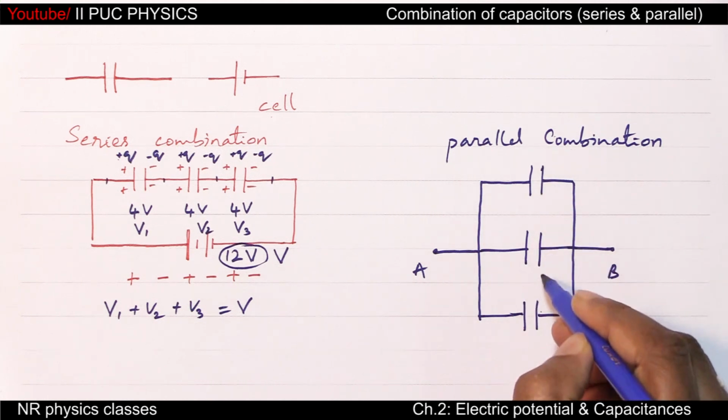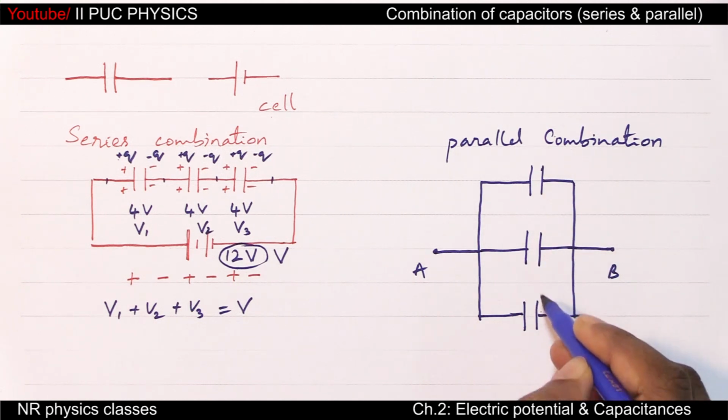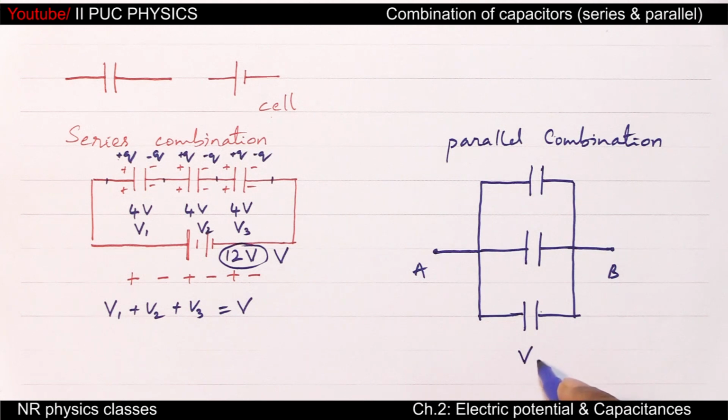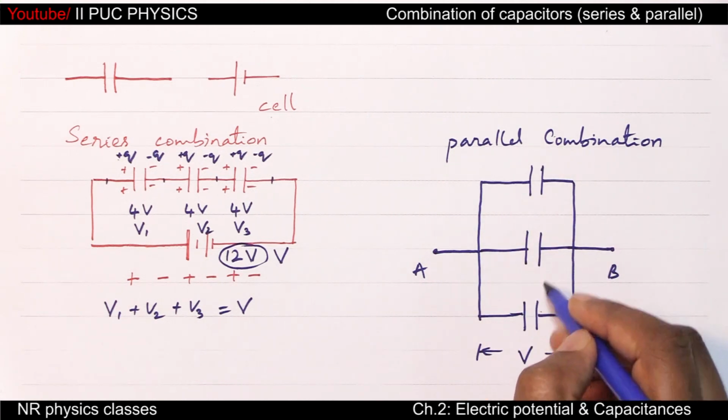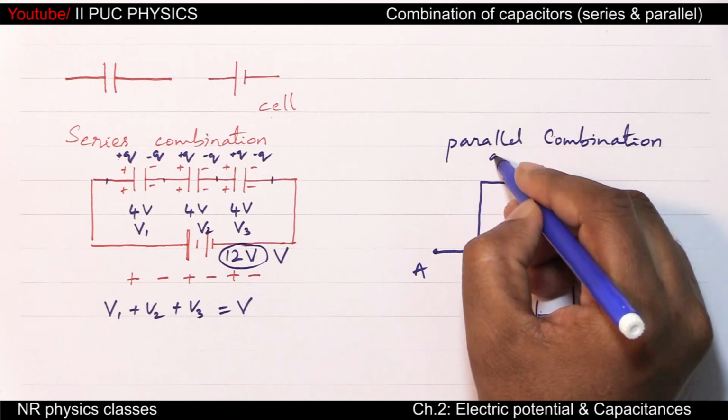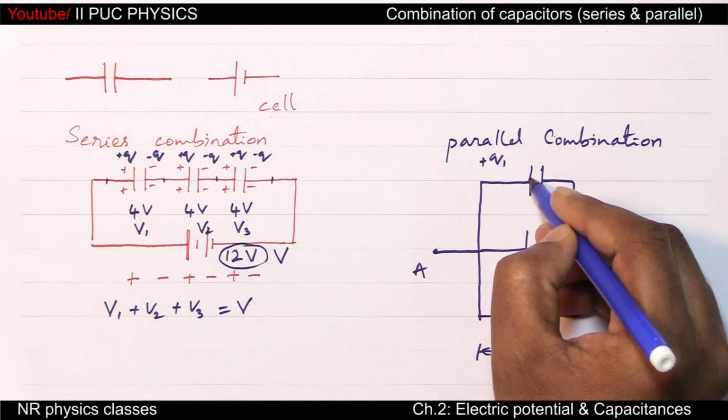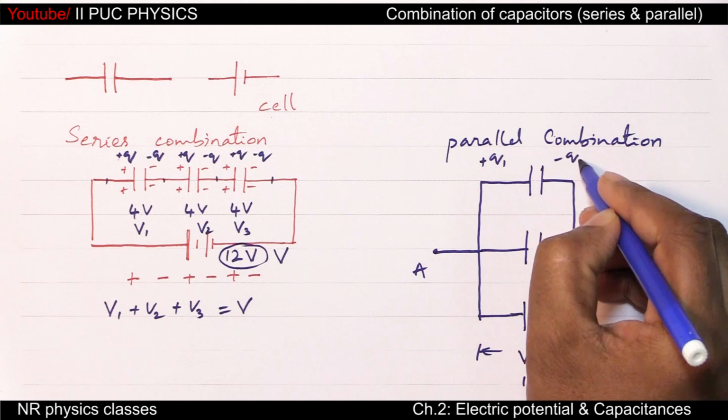When capacitors are in parallel, the potential difference across them is the same. If the potential difference across the first capacitor is 12 volt, the second capacitor is also 12, the third capacitor is also 12. But the charge in each capacitor will be different. If this is plus Q1, the other is minus Q1.